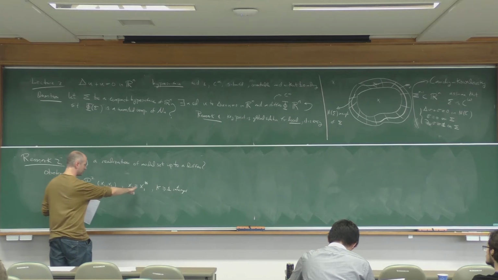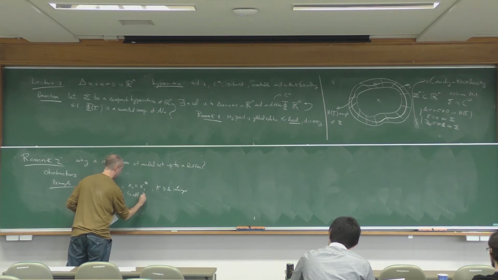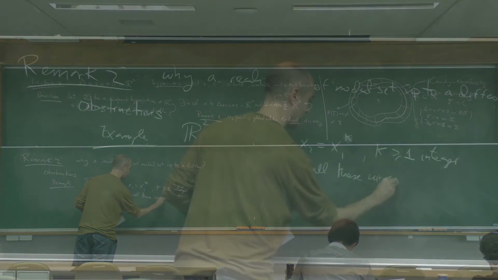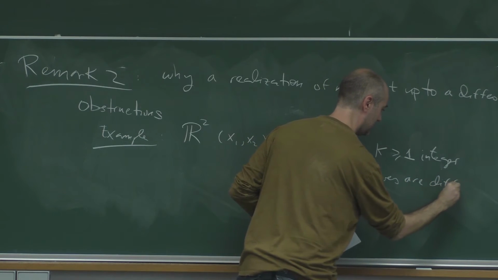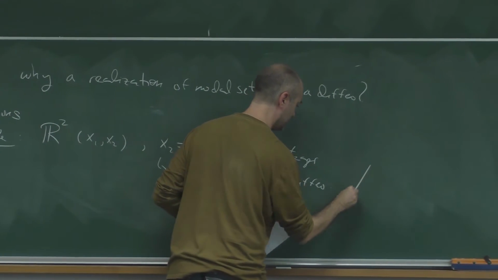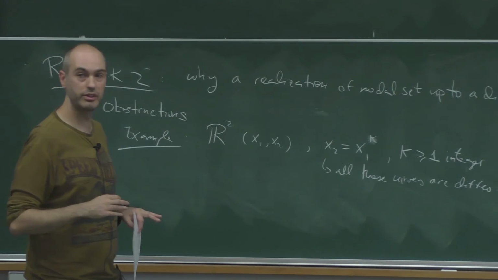So all of these curves are diffeomorphic, of course. They are diffeomorphic to the straight line. You can deform all of them to be a straight line. They are all open.